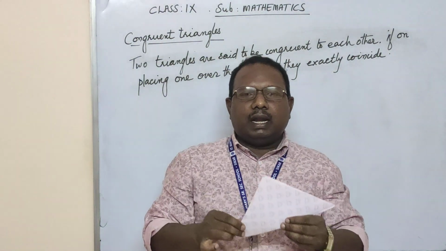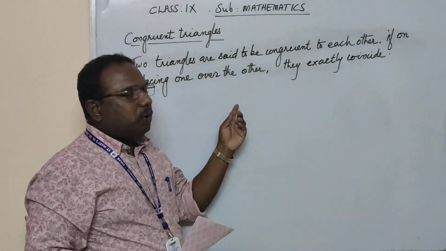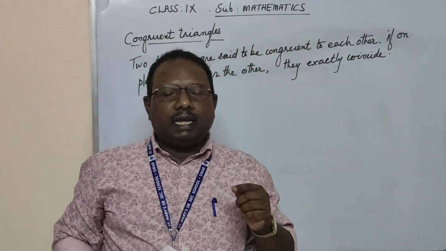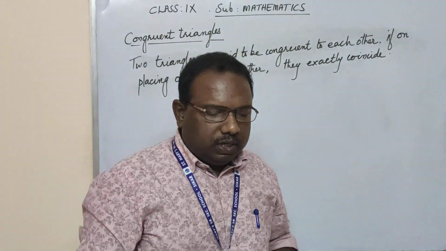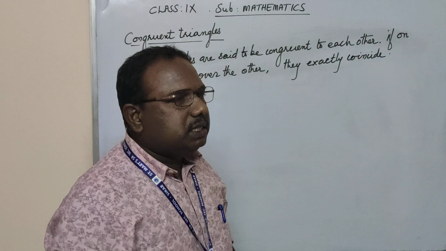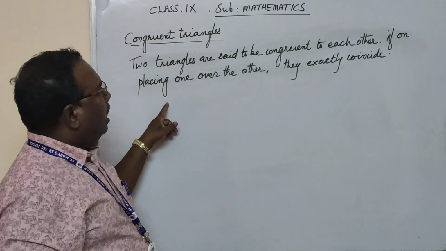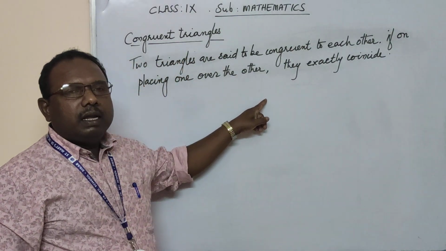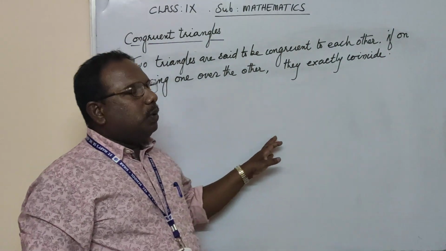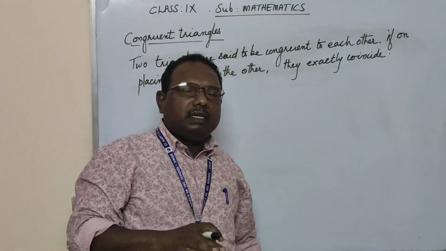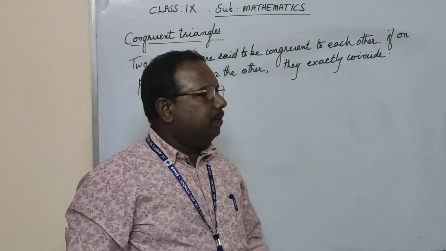And congruent triangles have corresponding sides and angles. In two congruent triangles, corresponding angles are congruent and corresponding sides are also congruent.